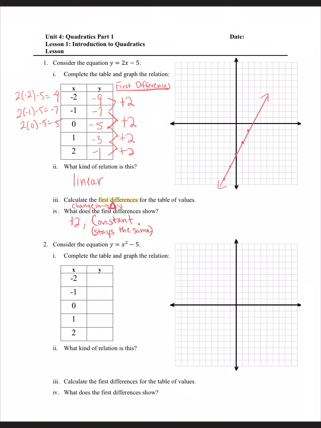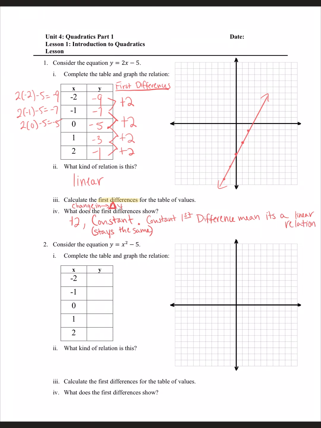So constant first differences mean it's a linear relation.